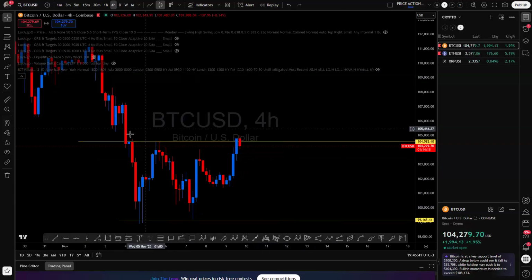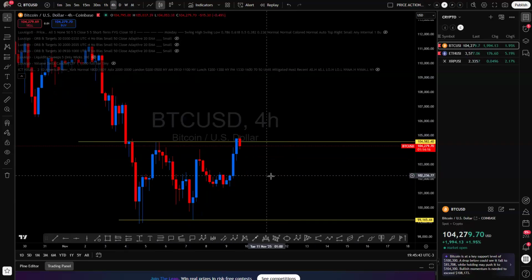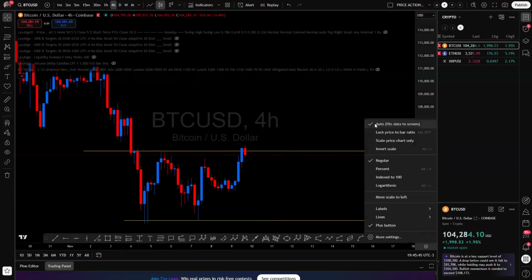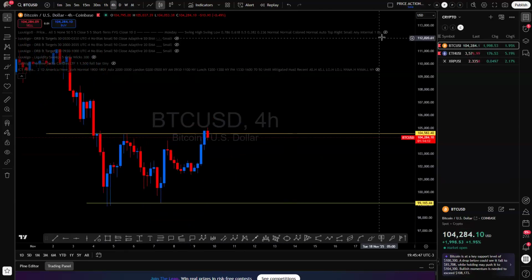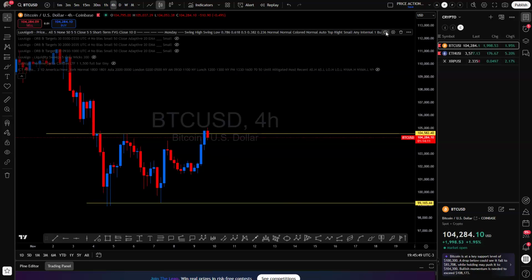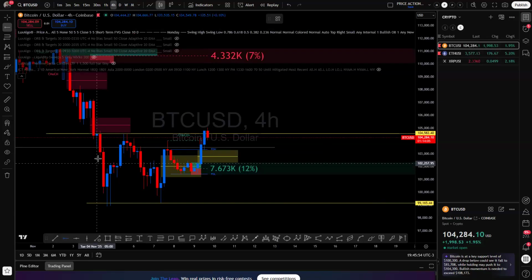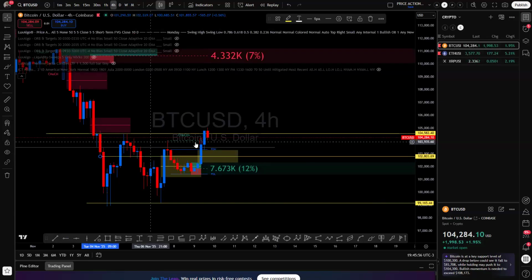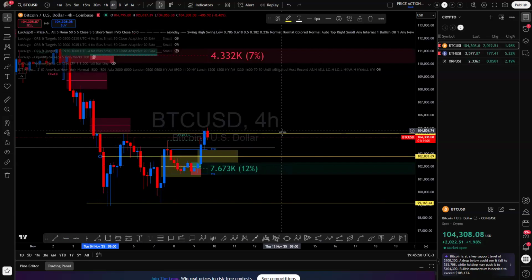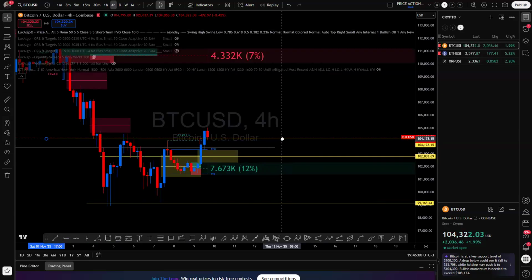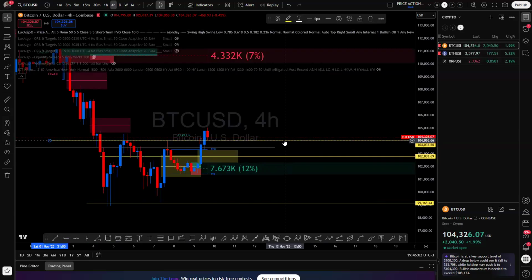And then find the most recent fair value gap. Which we got right here. So this is going to be our point of interest. Put the buy side up here.